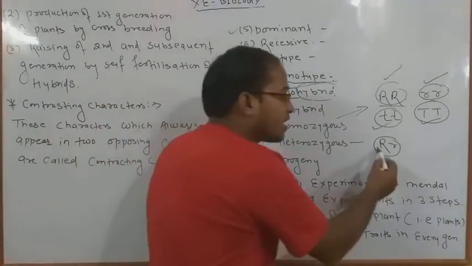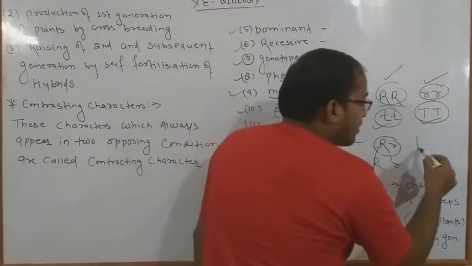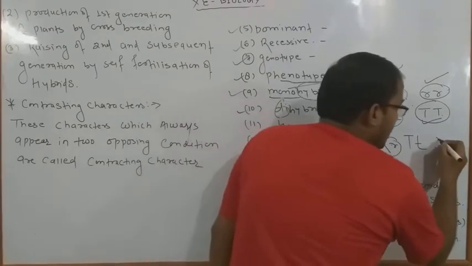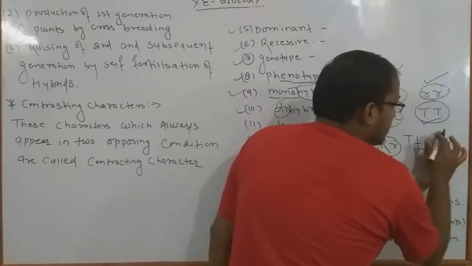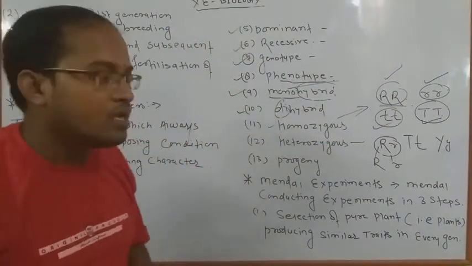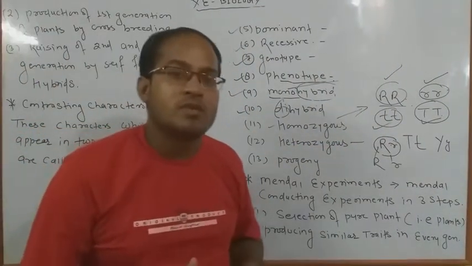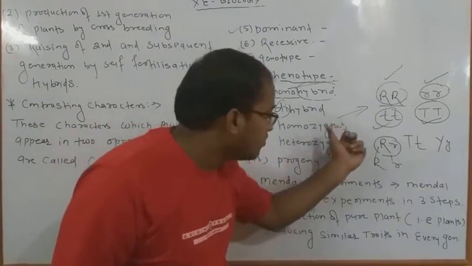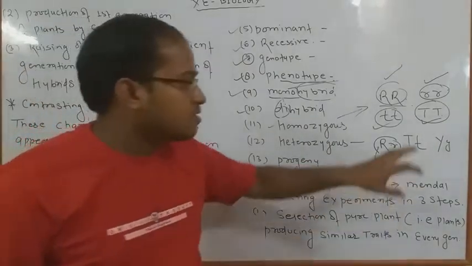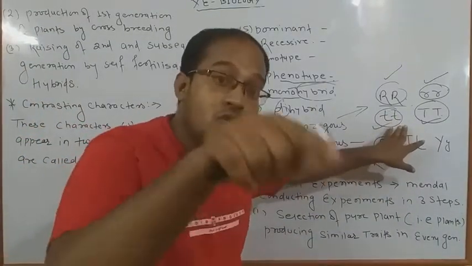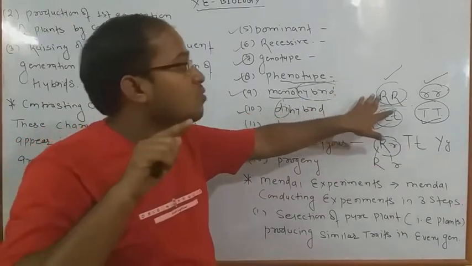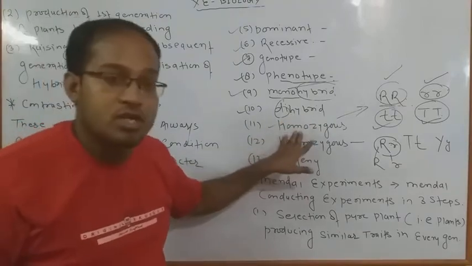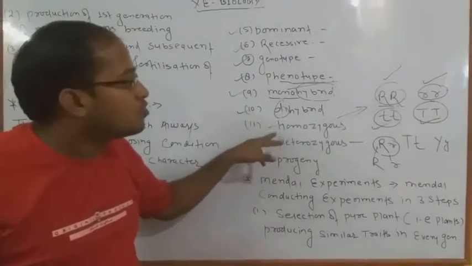Heterozygous means एक capital R होगा तो दूसरा small r, एक capital T होगी तो एक आपका small t. ठीक है, अगर एक आपका कैपिटल Y होगा तो एक स्मॉल y होगा. ये सारे चीज जो कैरेक्टर्स होते हैं, जनरली it shows the heterozygous mode. Hetero means if one character is capital then the other character is small. In homozygous, if one character is small t, the second character is also small t, and if one character is small r, the second character is also small r. Okay, this is called the homozygous. There is too much difference between homozygous and heterozygous.